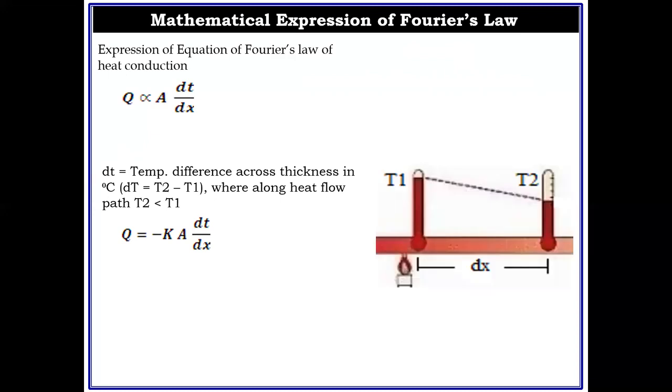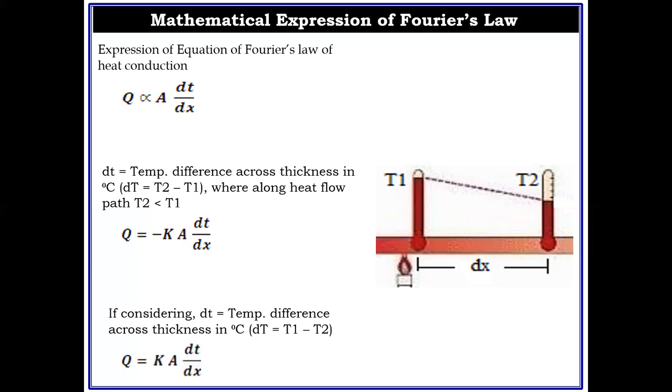As we can see in the picture, the heating point where the temperature is T1, and after dx distance the temperature drops to T2. So T2 minus T1 always gives a negative value. Now if we consider the temperature difference as T1 minus T2, it gives a positive value.